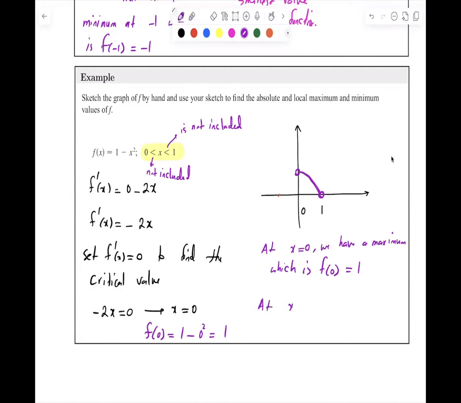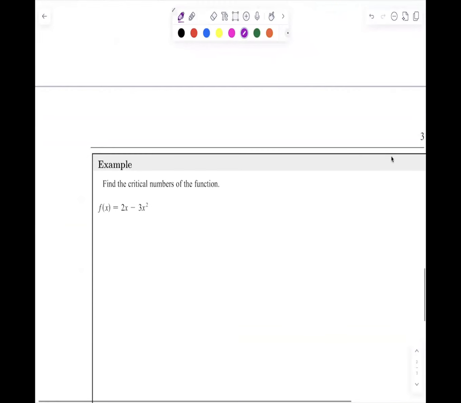At x equals 1, we have a minimum, which is f of 1, or 0. Let's take a look at another function.